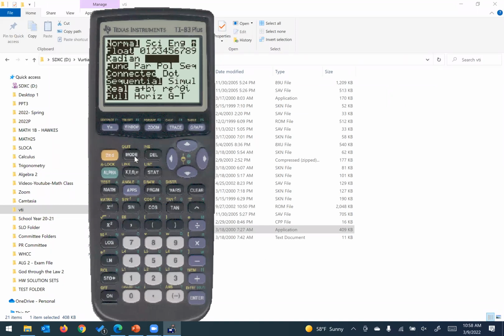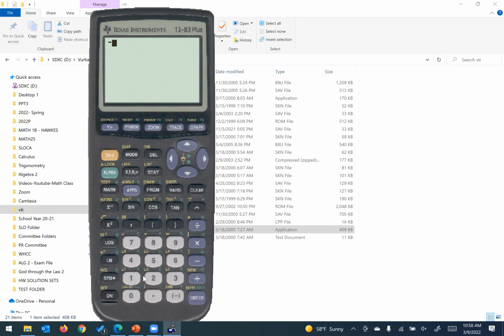So I have -1 minus √3, and I'm going to divide that by 2. Notice I am keeping all those digits. Then I'm going to multiply by -1 to make it positive. We're good so far. And cosine inverse of my answer.